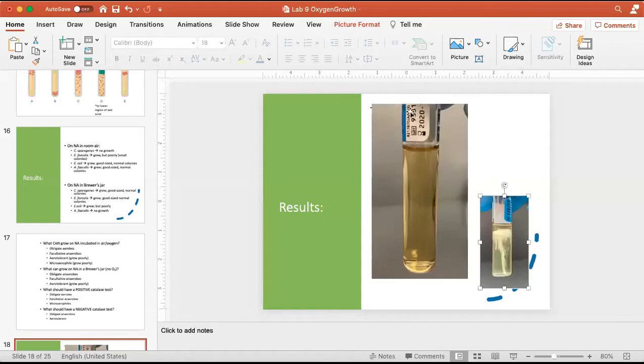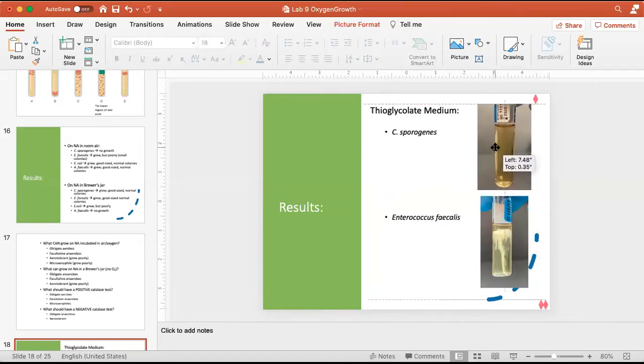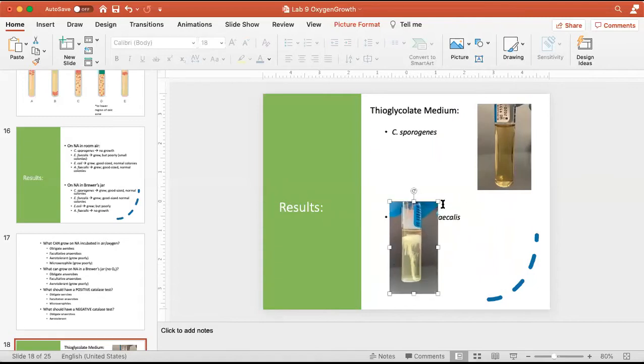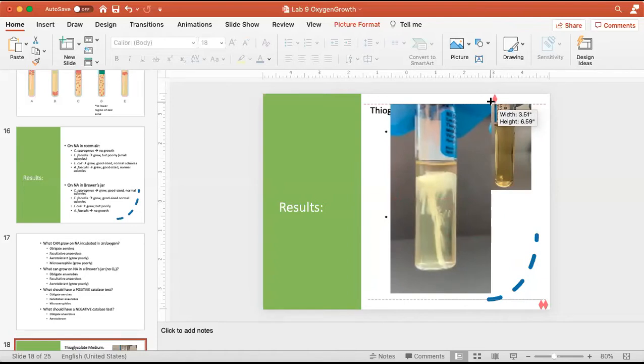All right, here's our second tube right here. Let me get the Clostridium out of the way for us. This is the Enterococcus faecalis tube. So remember, this is a gram-positive intestinal organism. Take a look at this growth pattern.